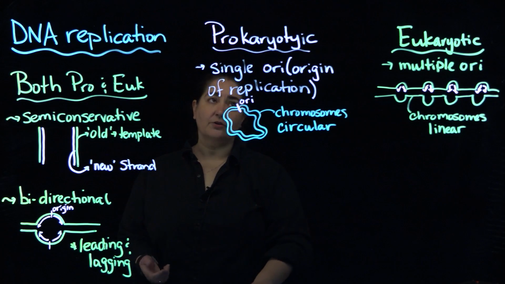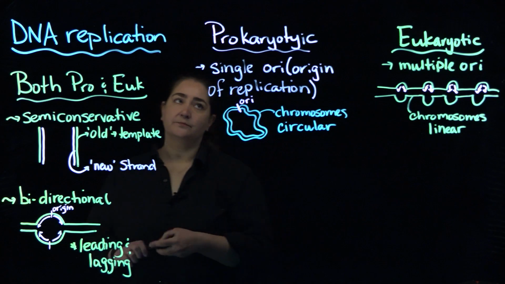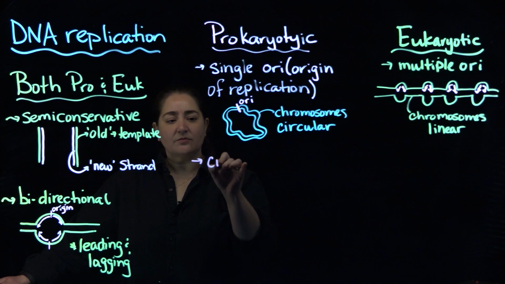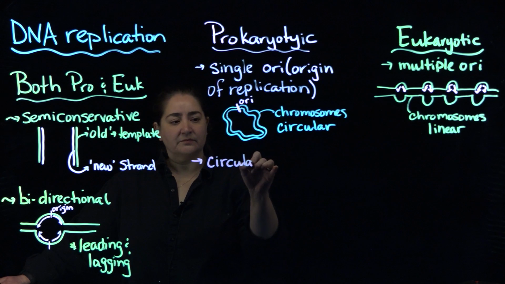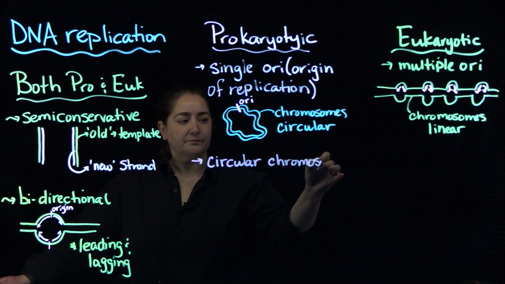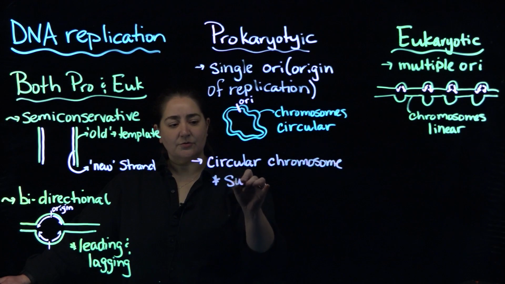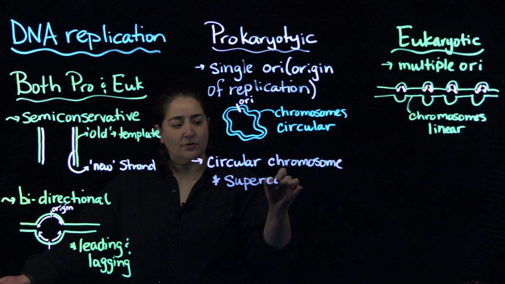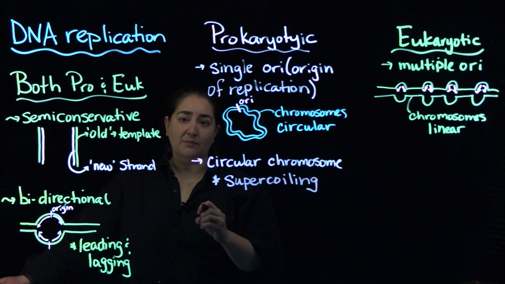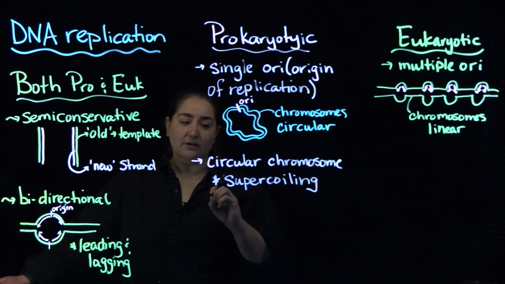And that circular chromosome generates another problem with prokaryotic organisms. Because you've got the circular chromosome, you've got issues that are induced with that structure when the DNA is being replicated. And what is introduced is known as supercoiling, all right?